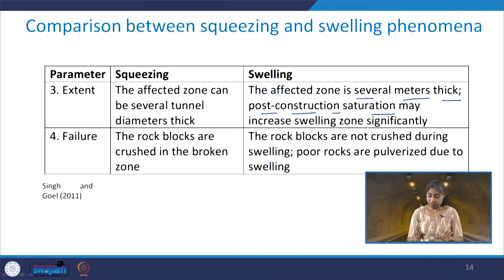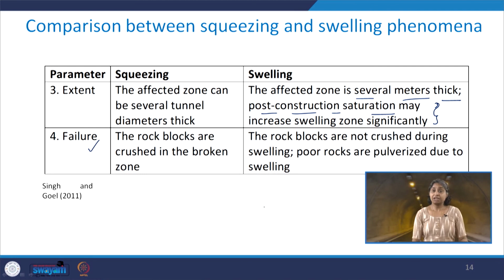But before that, the swelling behavior comes into the picture if there is a presence of those types of minerals which show such characteristics in the presence of water, and therefore, here post construction saturation may increase the swelling zone significantly.